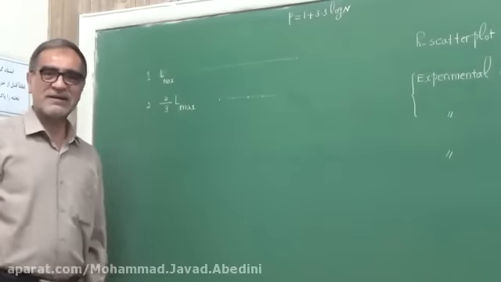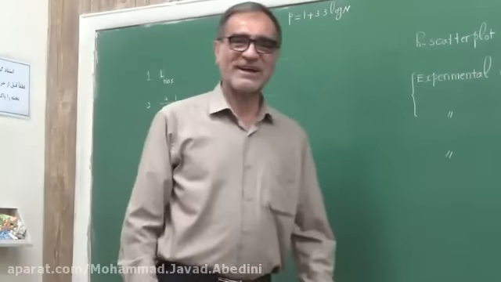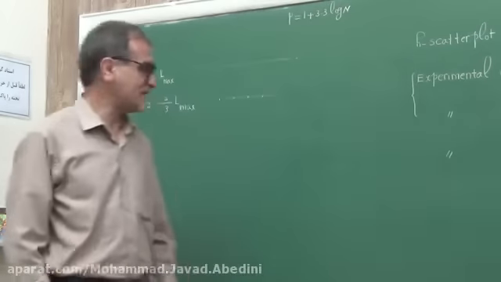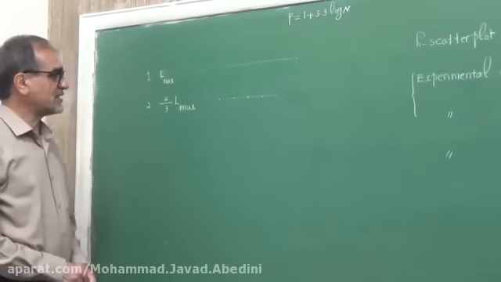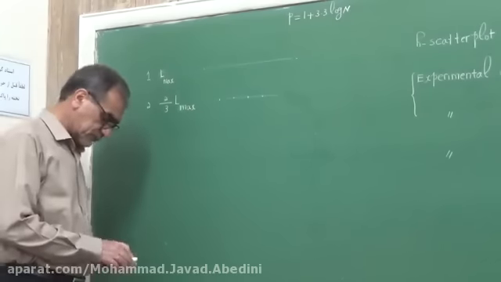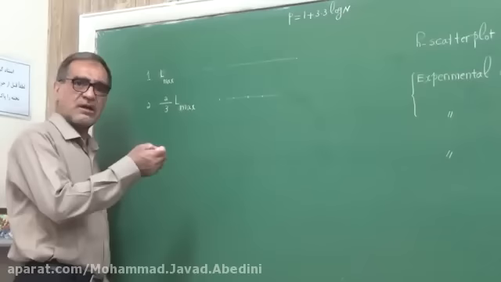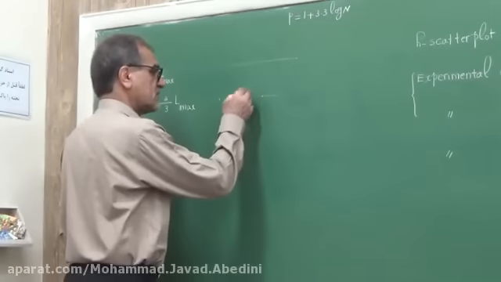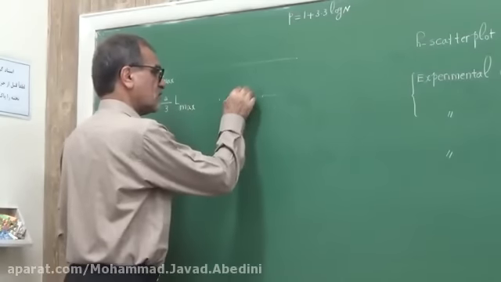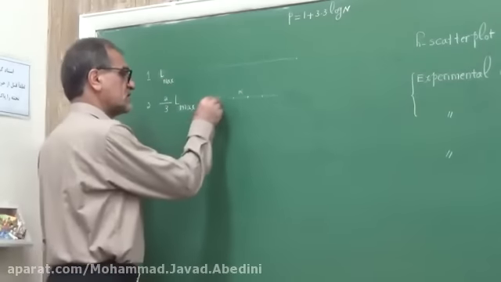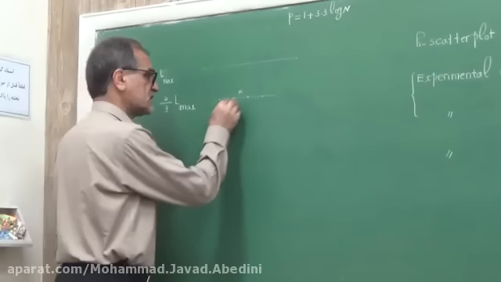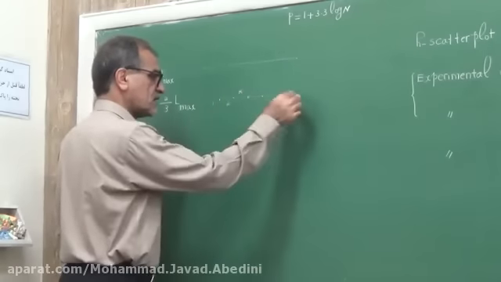Then you have 4h separation distance. Here, we should take a typical separation distance for class interval to be k. And this is the first class interval, this is the second class interval, and so forth.